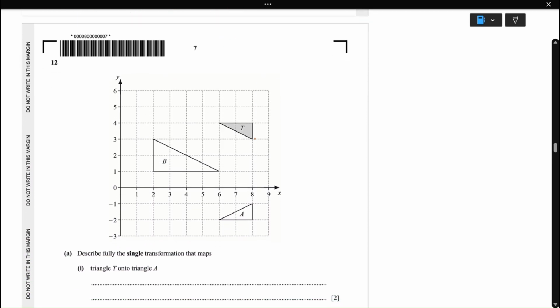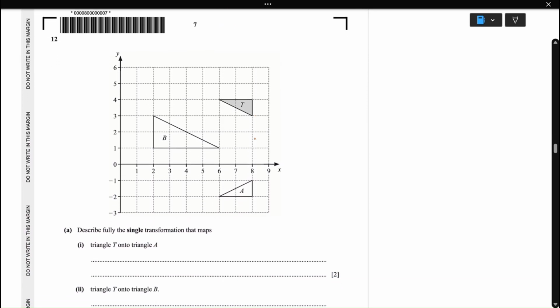Next question, question 12. Okay, describe fully a single transformation that maps triangle T onto triangle A. T to A, obviously it's going to be a reflection, so we'll find the midpoint. Midpoint is here, 2 distance, here 2 distance, this is going to be the line.